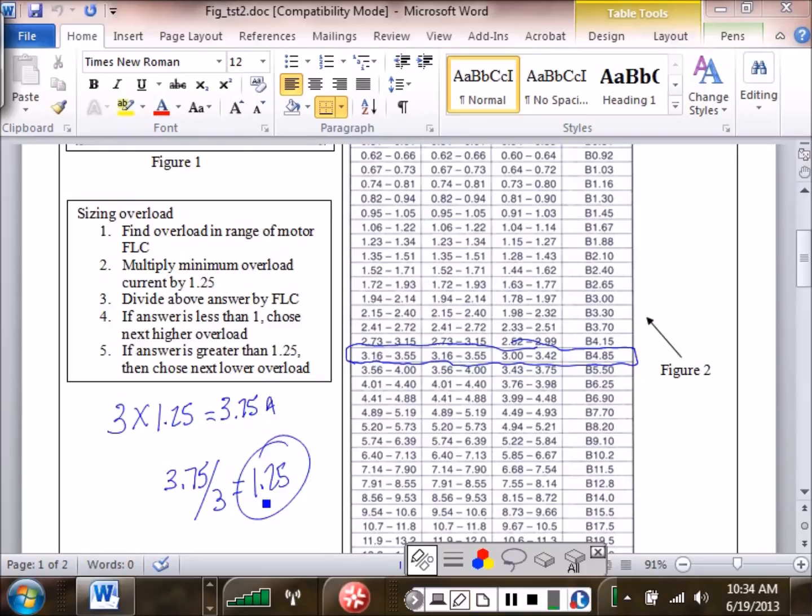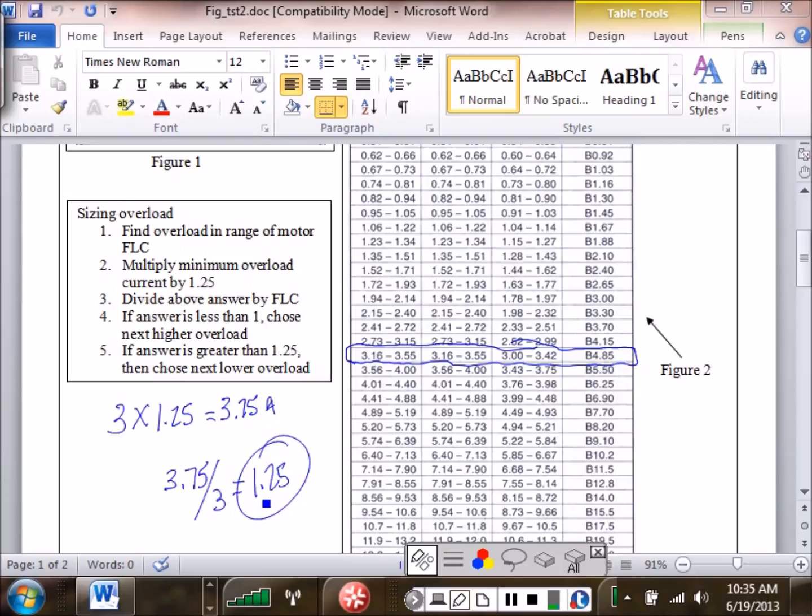So what are we going to do? If the answer is less than 1, then we got to go up. Okay, understand? Because that means I'm not getting 125%. NEC says what? 125%.